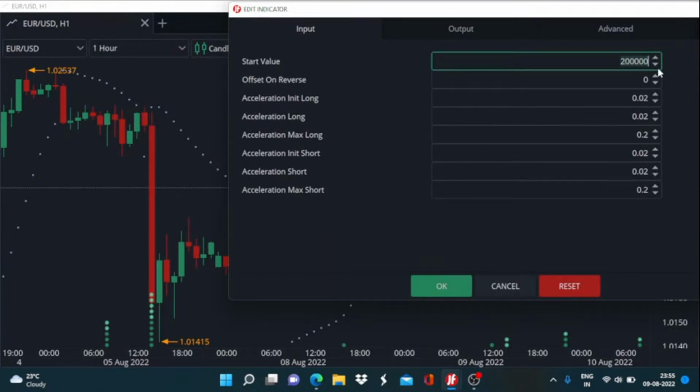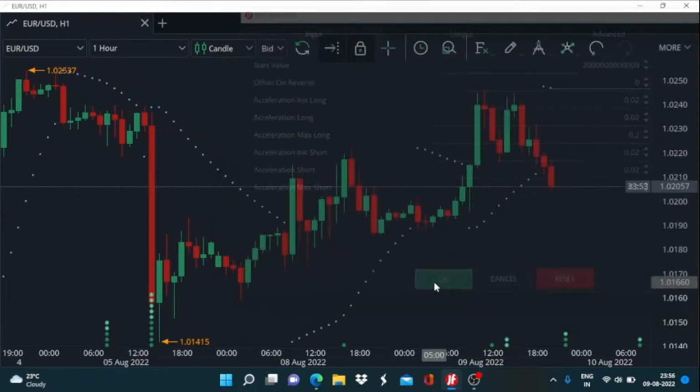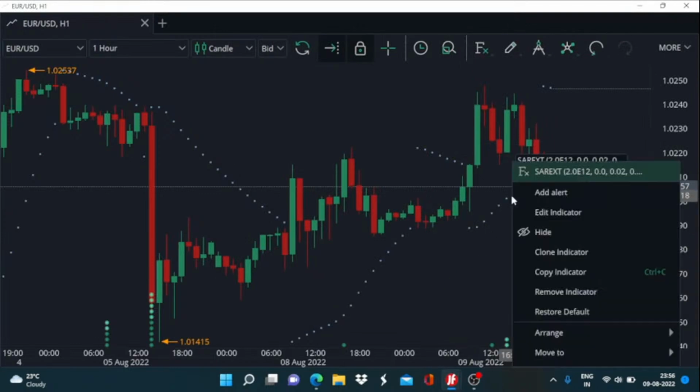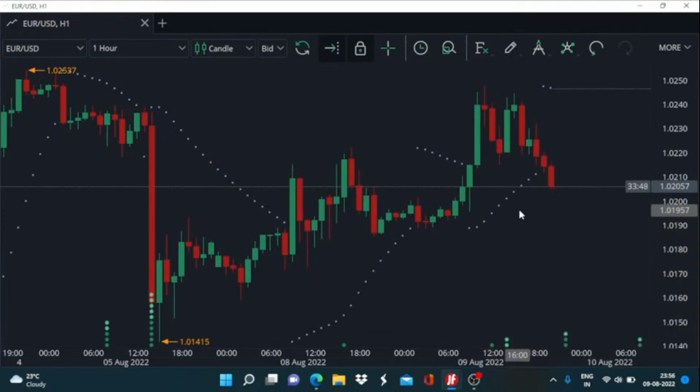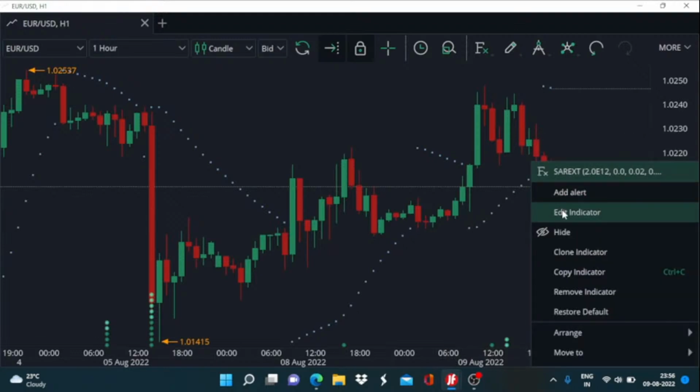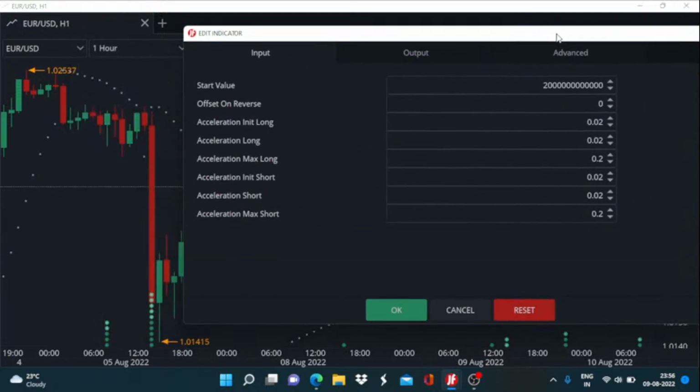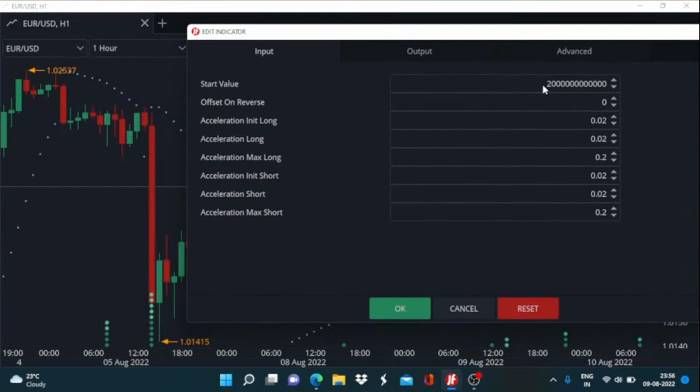Again, restore it back to 0, not much is changing. If we make it 2 million, let's see. Not really, nothing much still. So you can make a case that this initial value is not going to exert much of an implication on the plotting of these indicators. So I am now going to restore it back to 0.